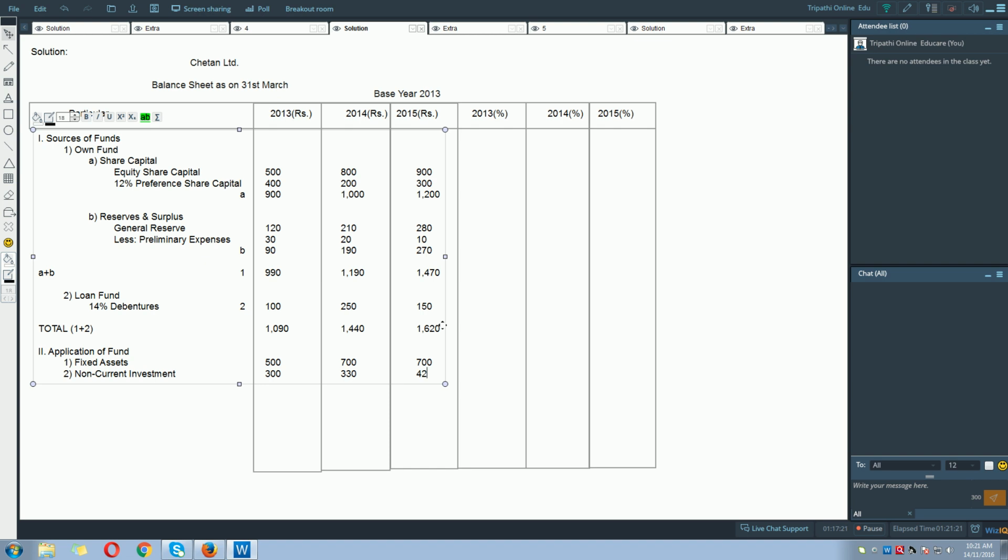Third year 1470 plus 150, 1620. Okay, so this is the total of the liability side. Now same way we will have to calculate the total of the asset side.